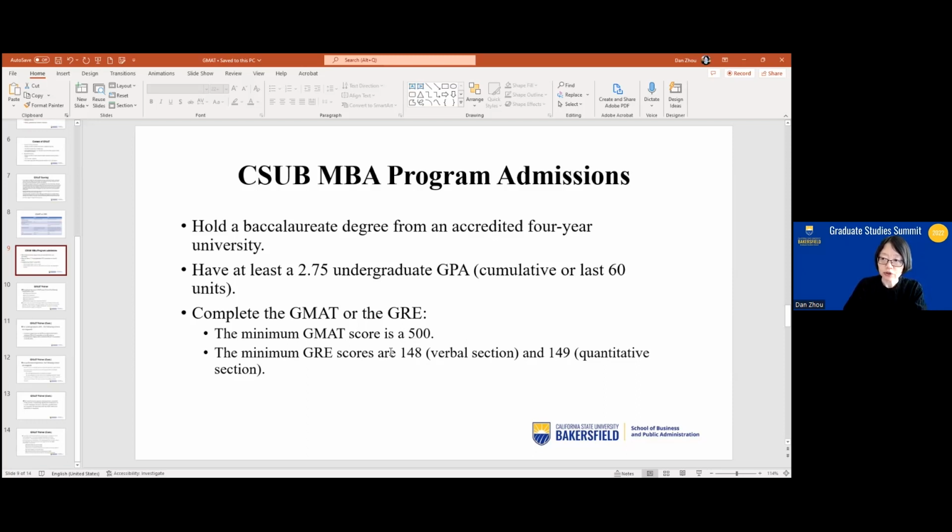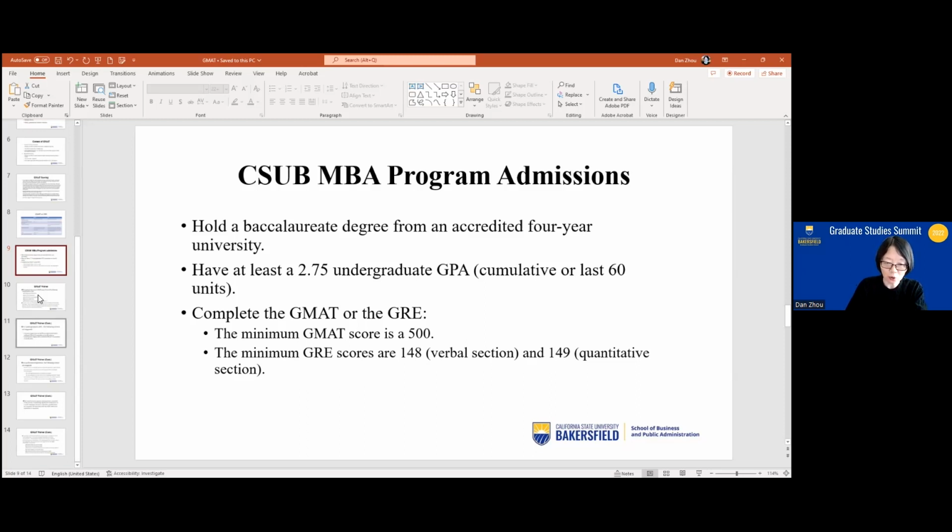Of course, you also need to submit the resume, personal statement, undergraduate transcripts, and 2 recommendation letters, and also complete the online application. Then in addition, nowadays, not only our MBA program at CSUB, there are other MBA programs around the country trying to reduce the impact of the standard test, which is GMAT.